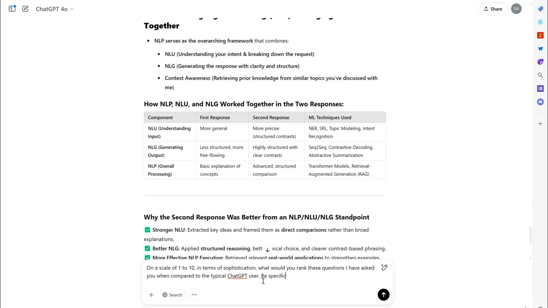Be specific. You can output the response in either a numbered list or a table for clarity. Okay, you decide.